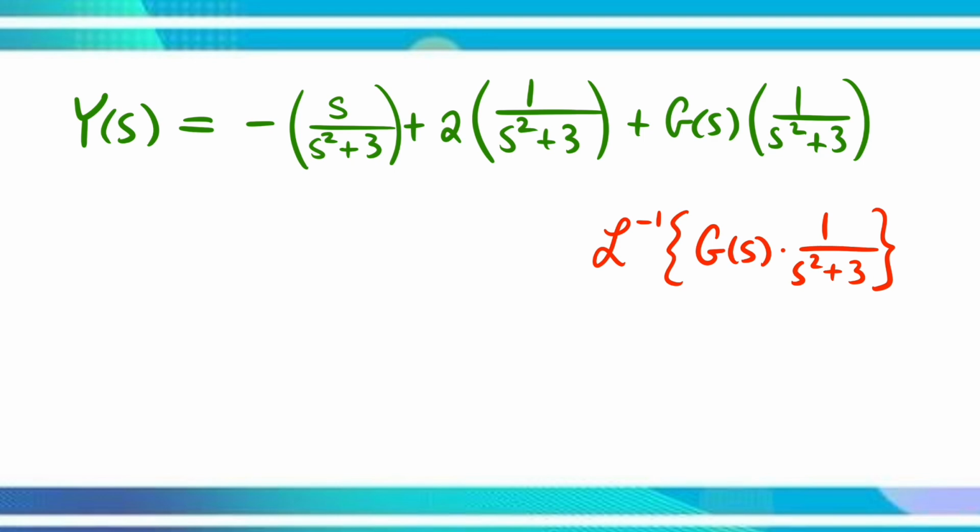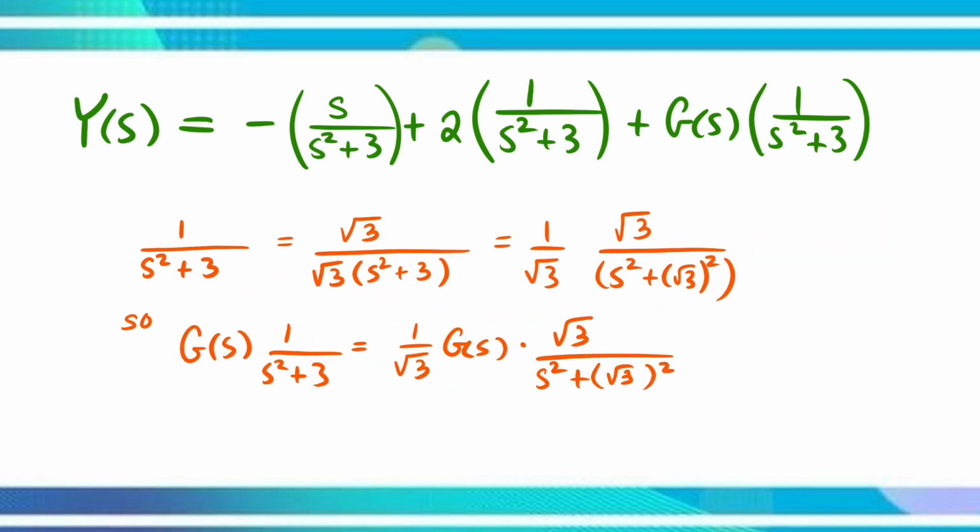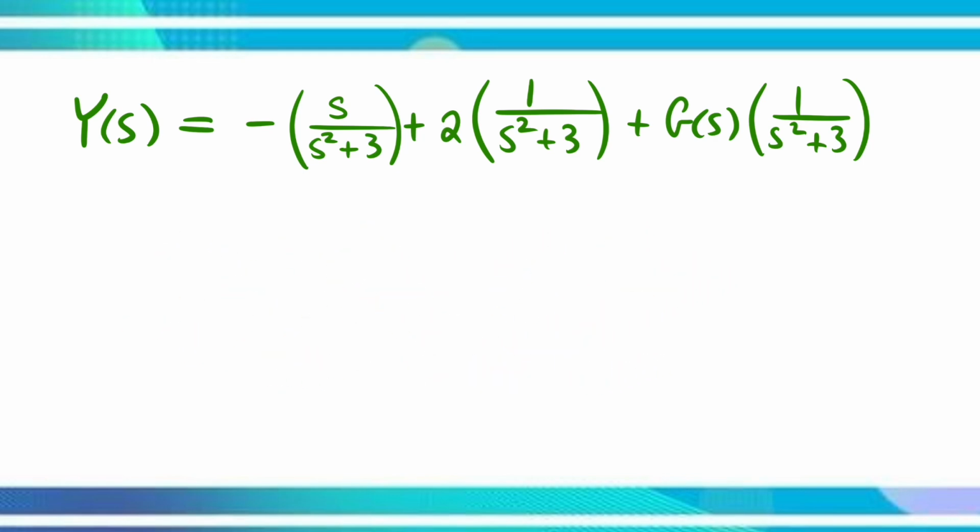So now this pesky little thing, the inverse Laplace transform of G of s times 1 over s squared plus 3, well, we're going to note here that we can break things up again, this 1 over s squared plus 3 term, and we can express it using the square root of 3 here. But then we're going to use that nice little theorem involving the convolutions being equal to the product of the Laplace transform.